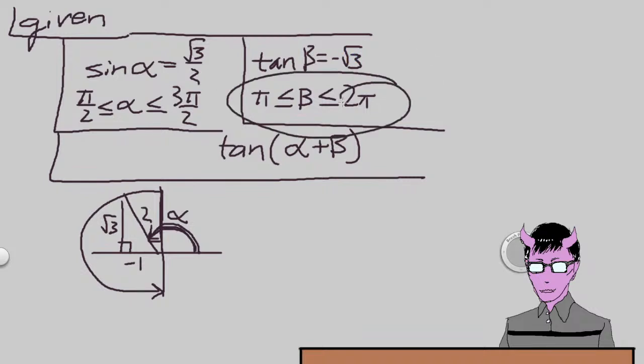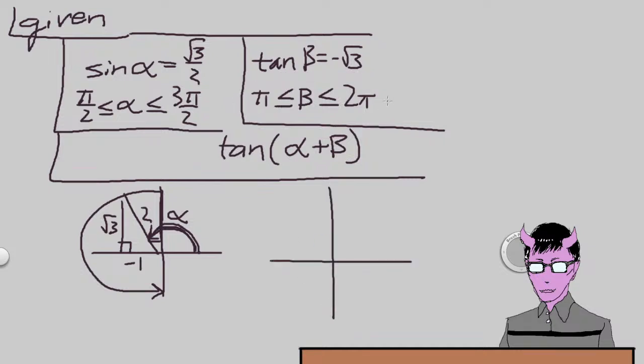Let's do the quadrant restriction first. So it's from pi to 2 pi. So whatever angle this is, it's going to be in either quadrant 3 or quadrant 4. We need the negatives to not cancel out. So it can't be in this situation because that's negative adjacent and negative opposite.